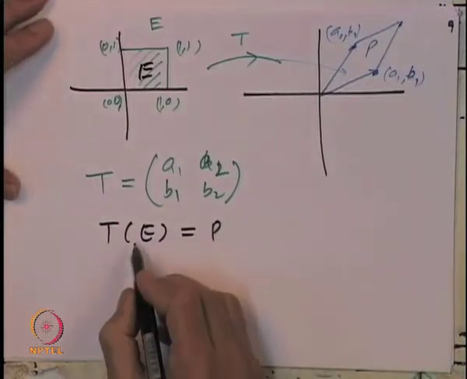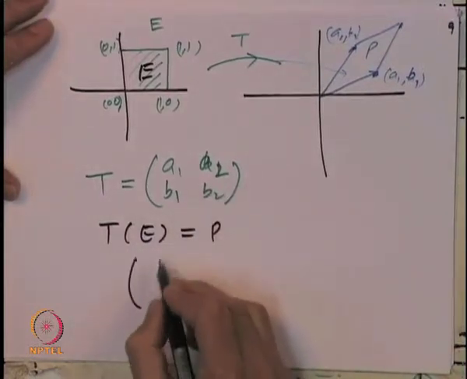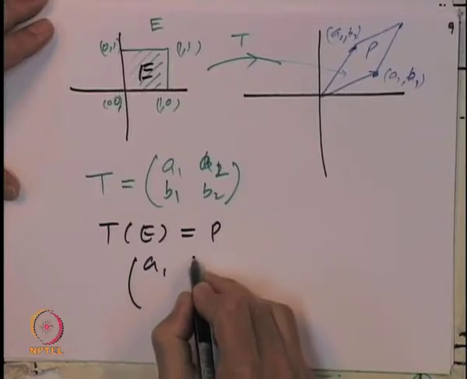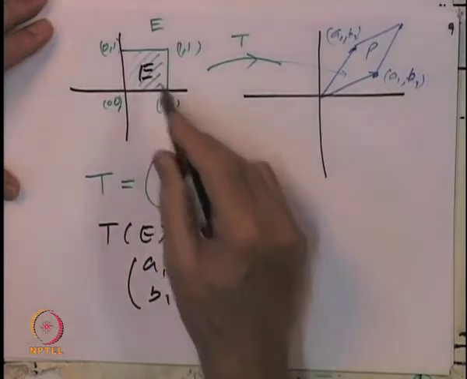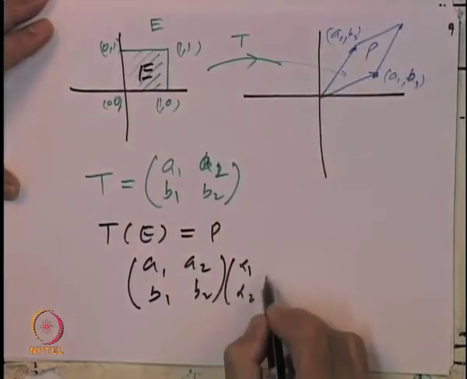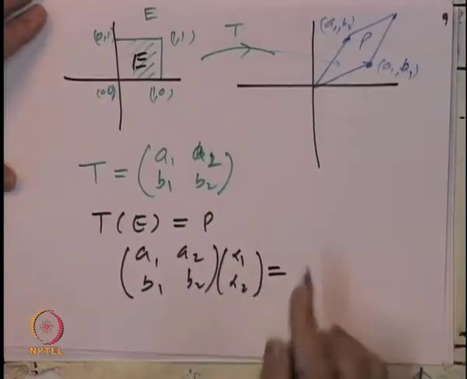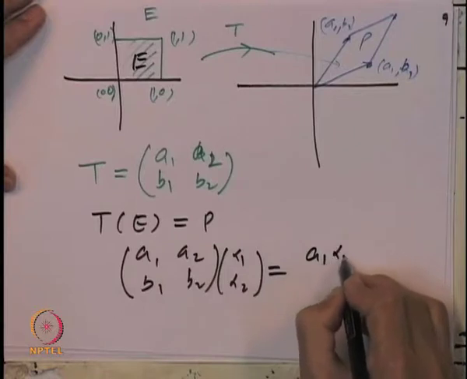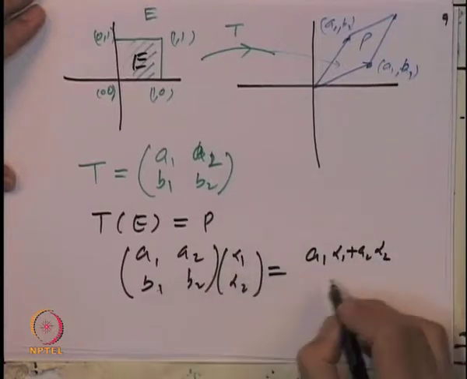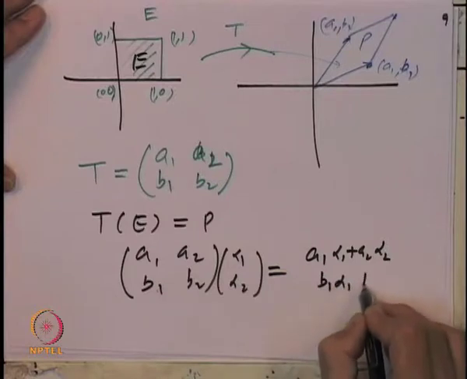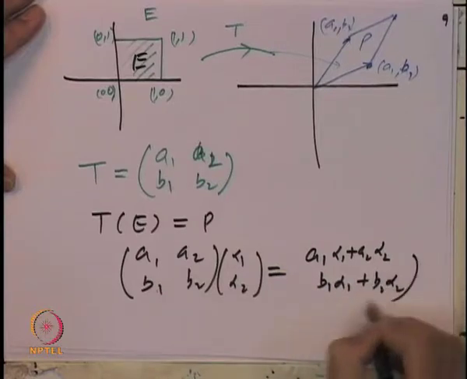That is because, let us look at the matrix a1 a2, b1 b2 applied to a vector alpha 1, alpha 2. So, what is that? That is a1 alpha 1 plus a2 alpha 2, and that gives you b1 alpha 1 plus b2 alpha 2.